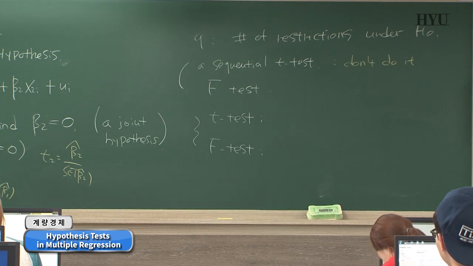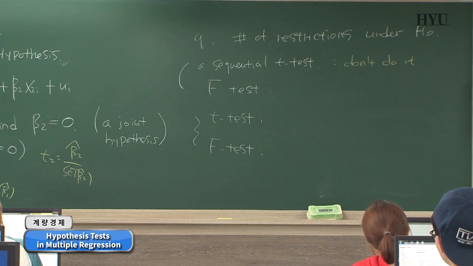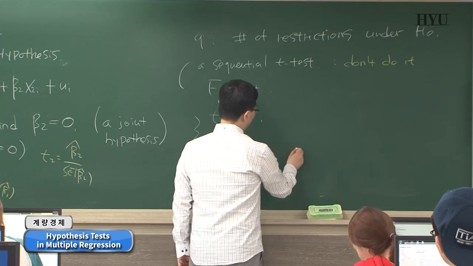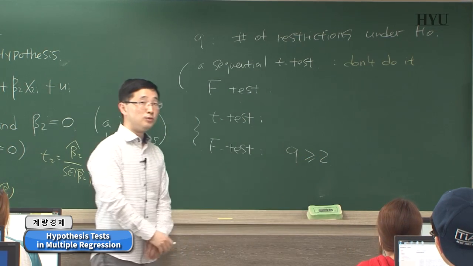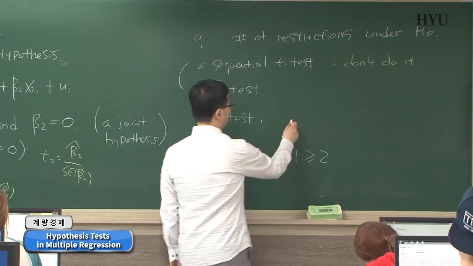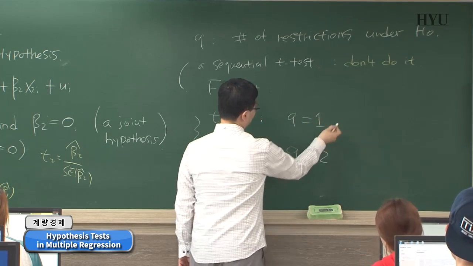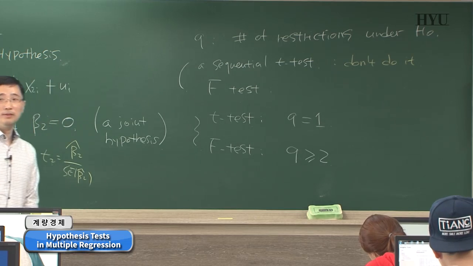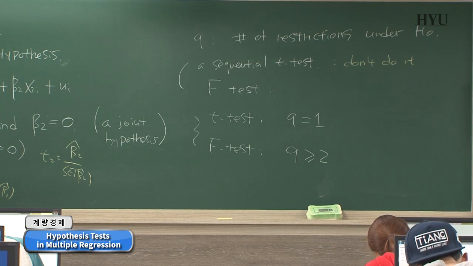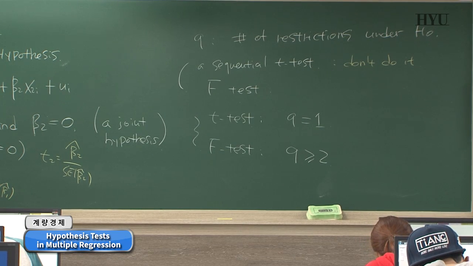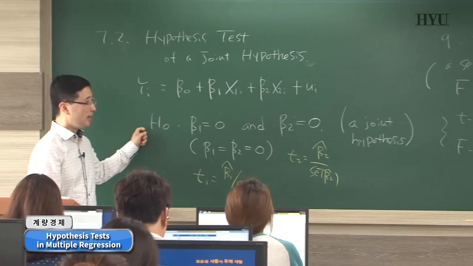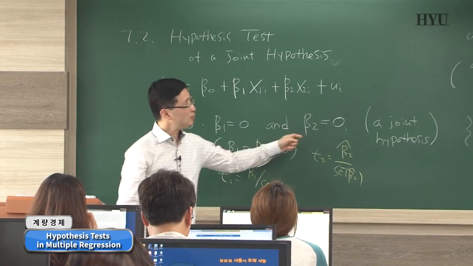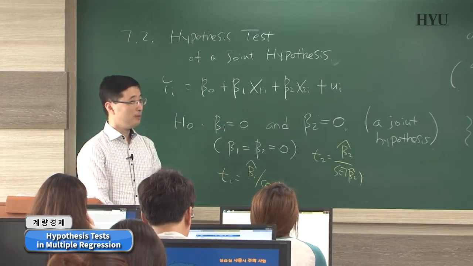So when to apply an F-test? It is when q is bigger than or equal to 2. When to apply a t-test? It's when q is equal to 1. Okay, so that's the difference. So for example, a hypothesis like that has two restrictions. q is 2, right?